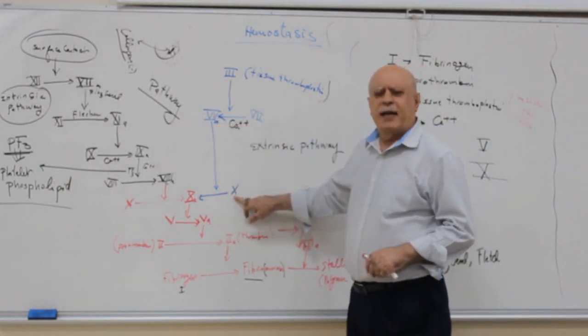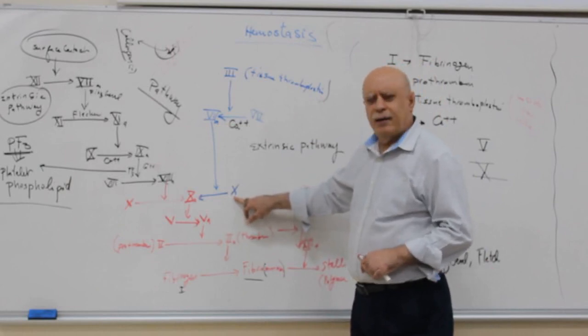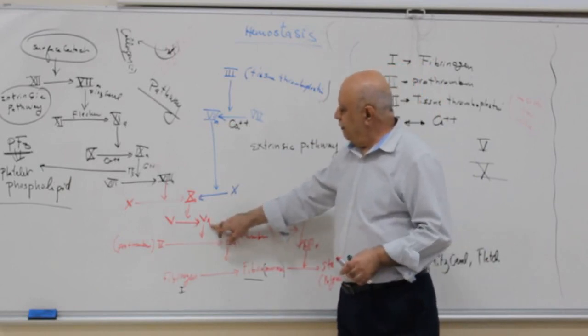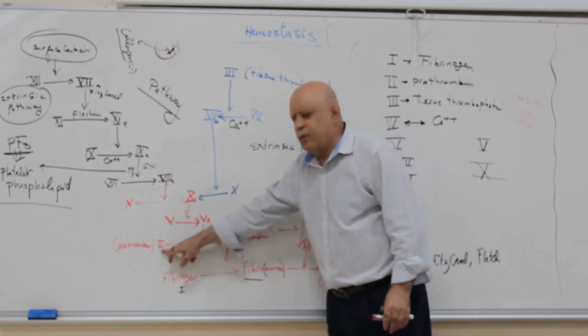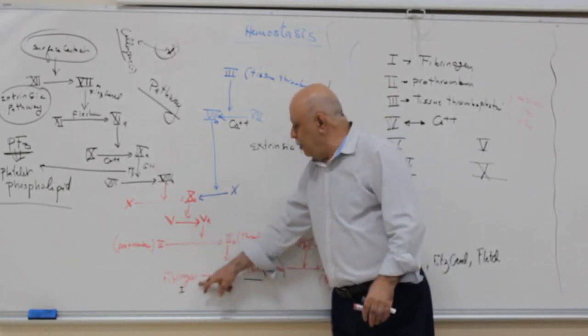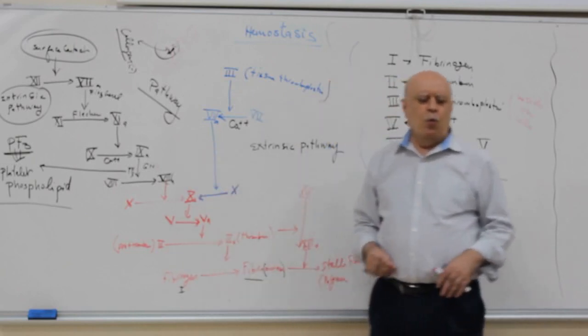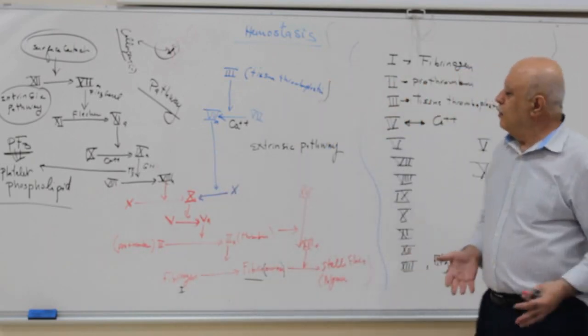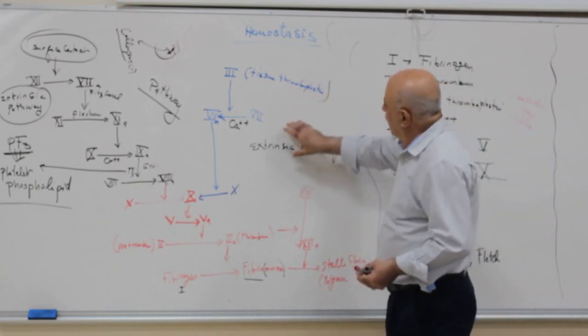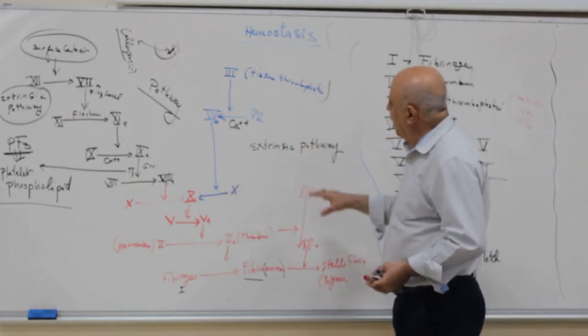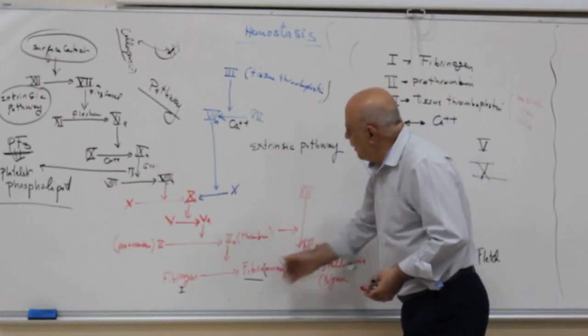We don't need factor 10, it's in the plasma. We don't need factor 5, it's in the plasma. We don't need factor 2, it's in the plasma, everything is in the plasma.